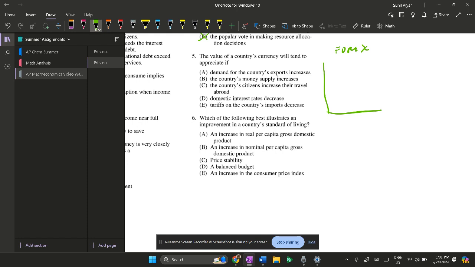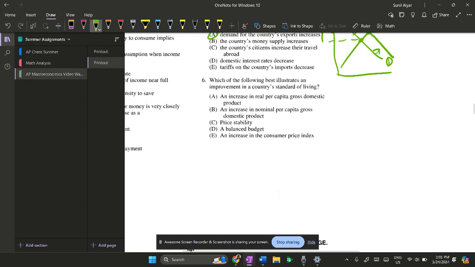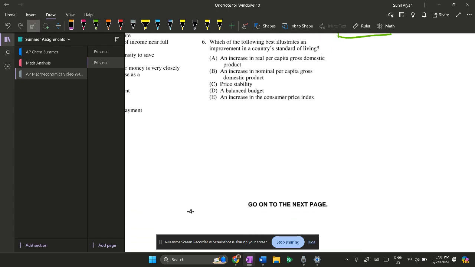If the demand for the country's exports increases, then the demand for their currency increases, which means their currency appreciates. So A is going to be the answer there. Pretty easy one. If it wasn't that one, you just go through all the other ones. But A seemed to give us the right answer.